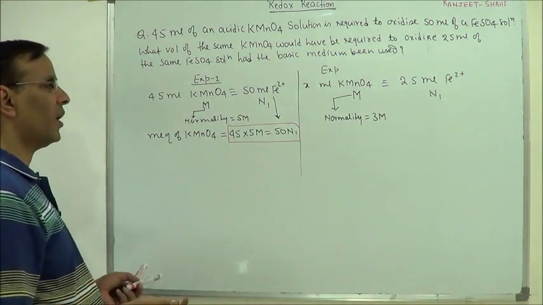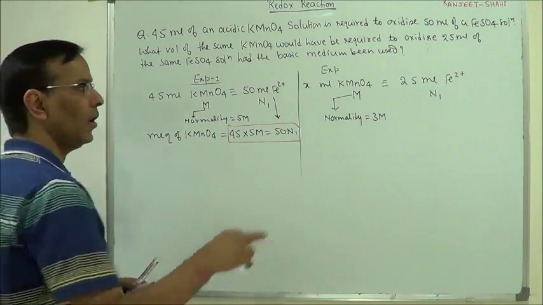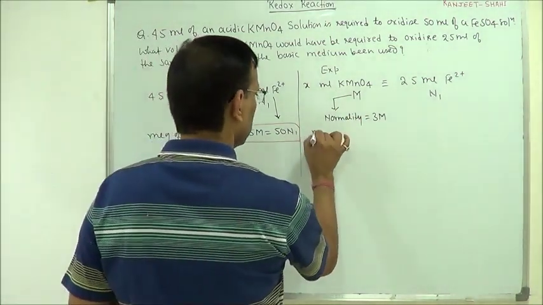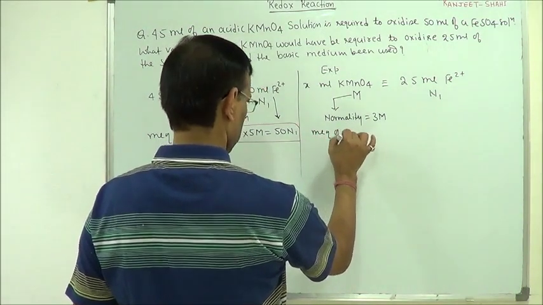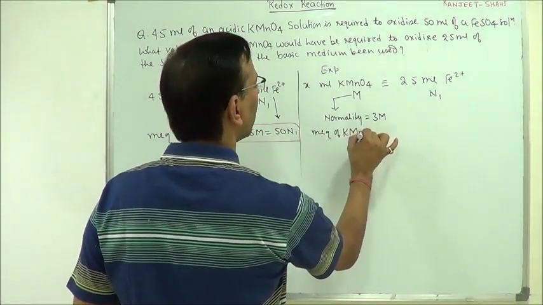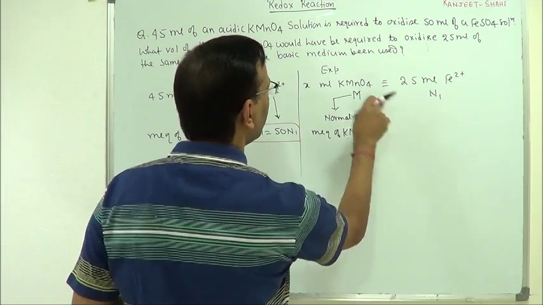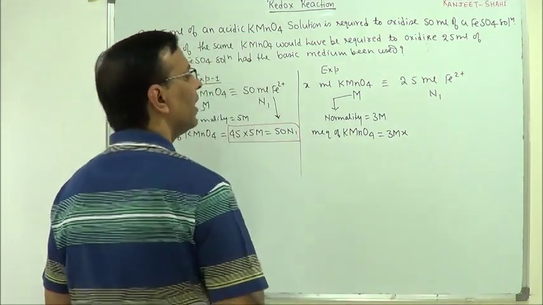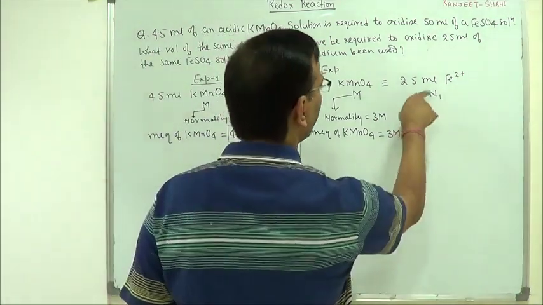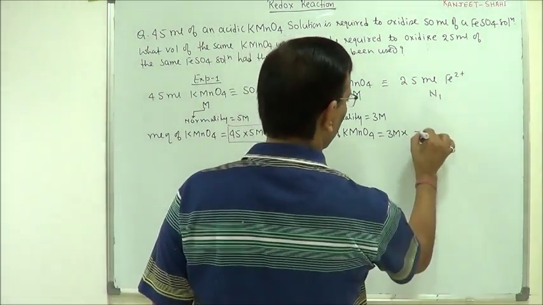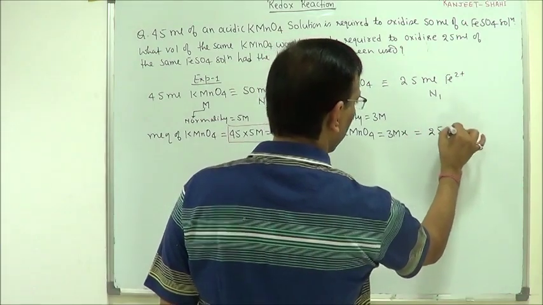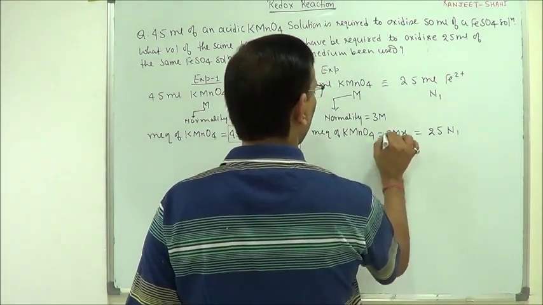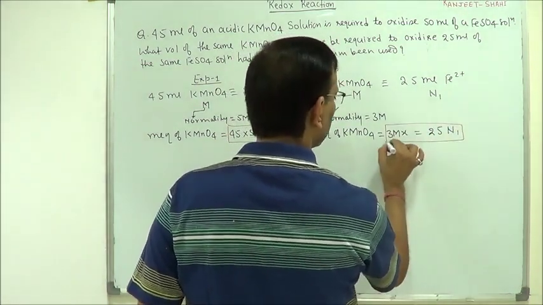So normality will be 3 times molarity, and normality multiplied by volume will be milliequivalent of KMnO4. So milliequivalent of KMnO4 will be 3M into x, and that will again be equal to milliequivalent of ferrous sulfate, which is now 25 N1. This is the second relation we have obtained from the second experiment.